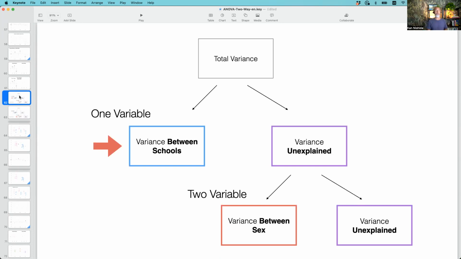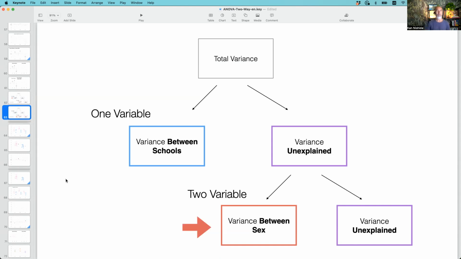Two-way ANOVA brings in another variable to reduce the unexplained variance. Once we get this, we calculate the ratio using this unexplained variance. That's really ANOVA.